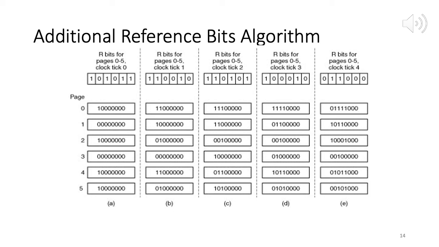At the next tick, these are the values, so again we add them at the MSB side and this is what we get. Likewise, we're given the reference bit values for ticks 2, 3 and 4. Every time we add the reference bit value to the MSB and the LSB value falls off. So we only have information for the last 8 clock ticks.